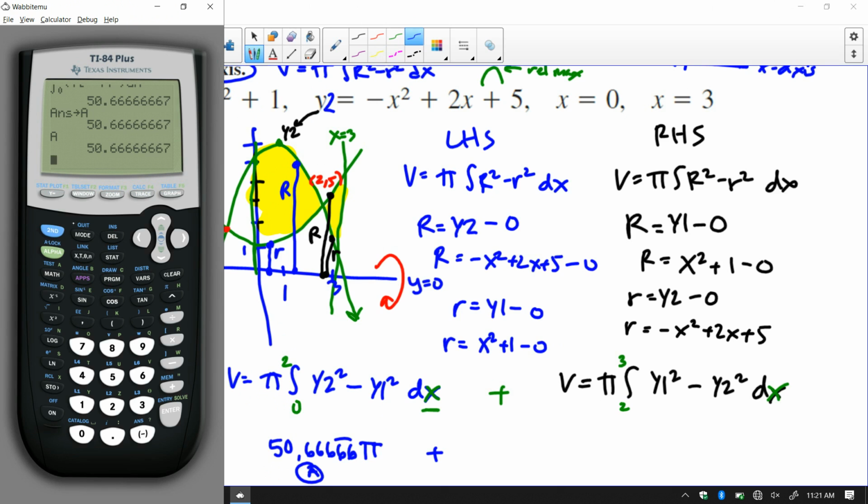So let me do this integral. Let me do a math 9. Now, this integral goes from 2 to 3.